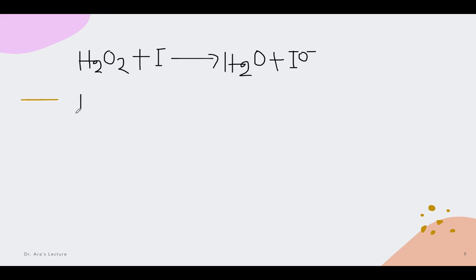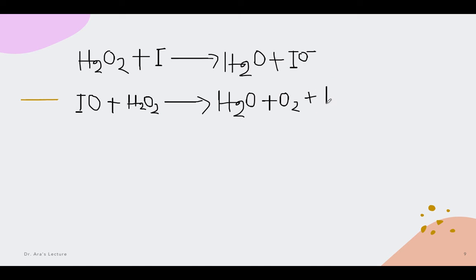Then this IO again reacts with hydrogen peroxide and forms water plus oxygen plus iodide. This one is actually iodide.